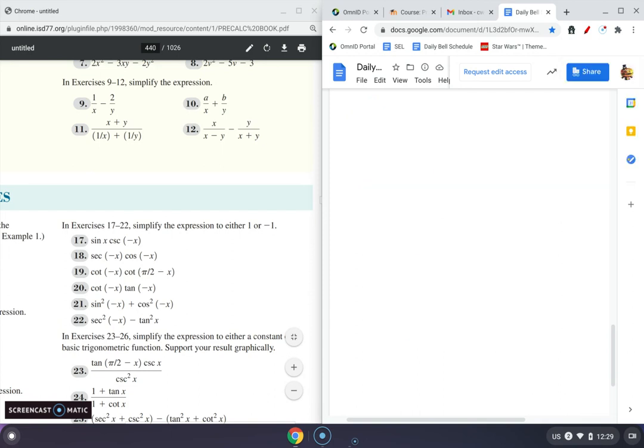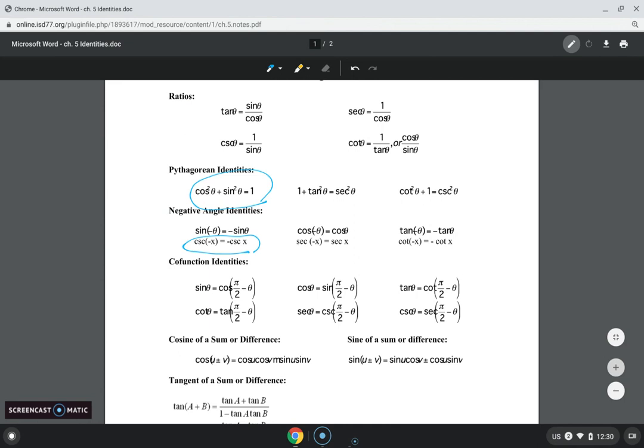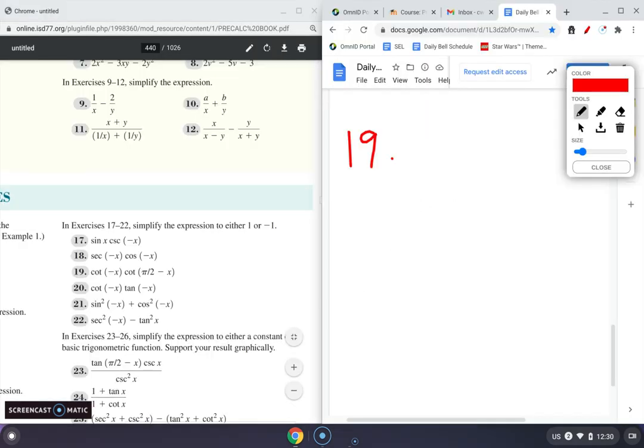All right. Let's try that again. Let's jump down to number 19. Cotan of negative x. So the cotan of negative x can be rewritten as, right here, negative the cotangent of x. So we can write negative cotan x times the cotangent of pi over 2 minus x.